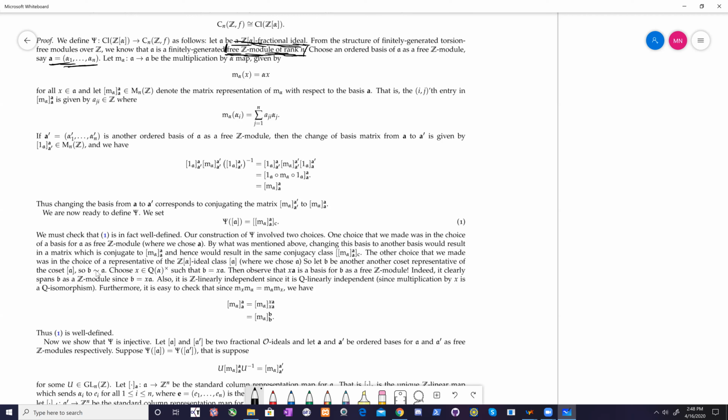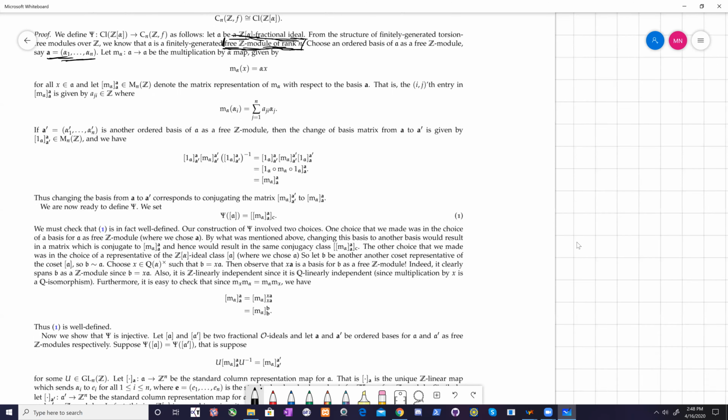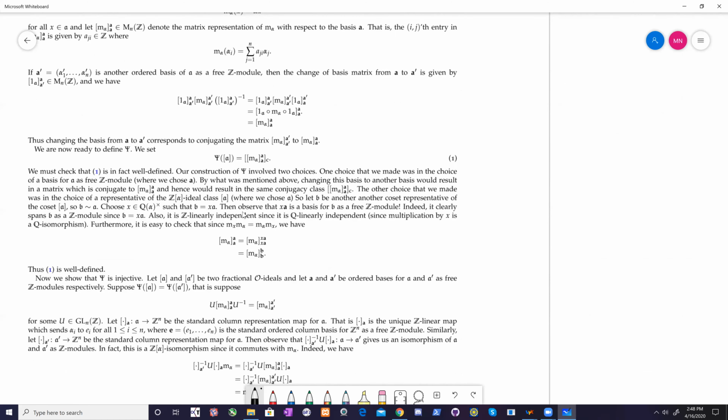So B is equivalent to A. This means that there's a non-zero X in Q of alpha such that B is equal to XA. So the point is that our bold A is just a fixed choice of a basis for the Z module, and we just showed that it doesn't matter which one you choose.